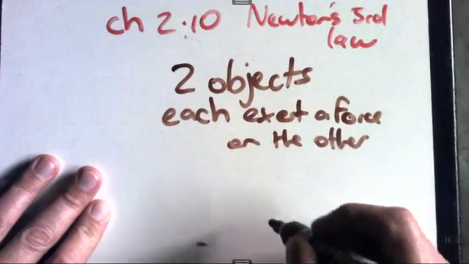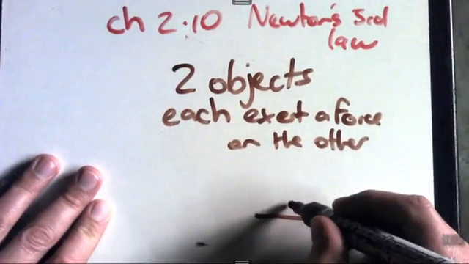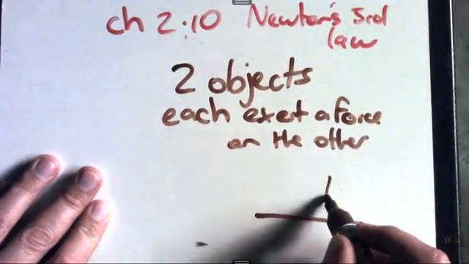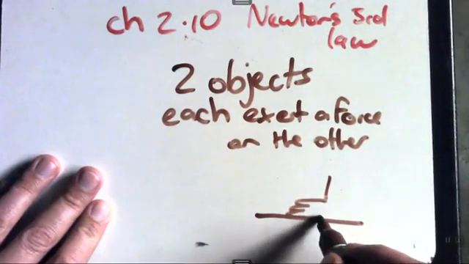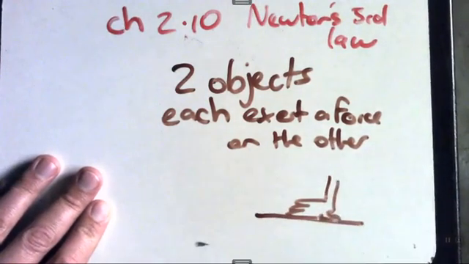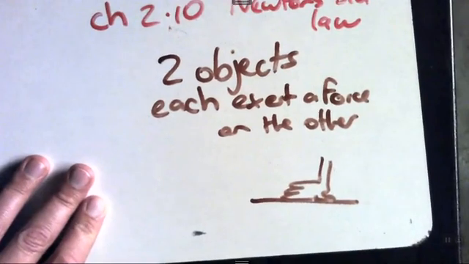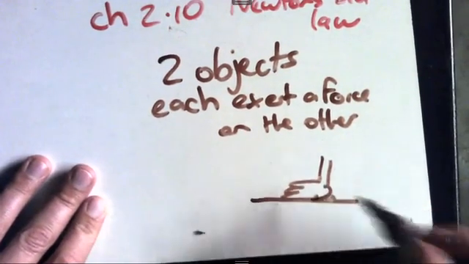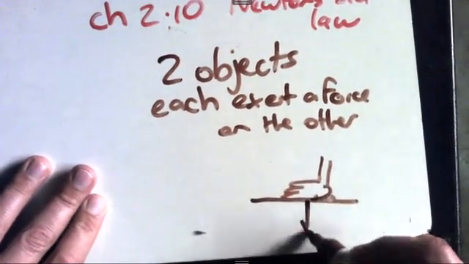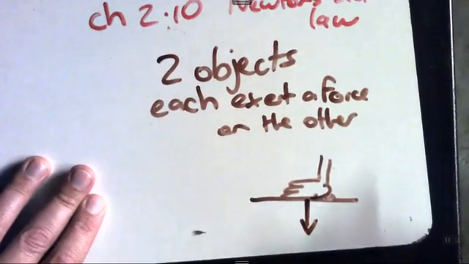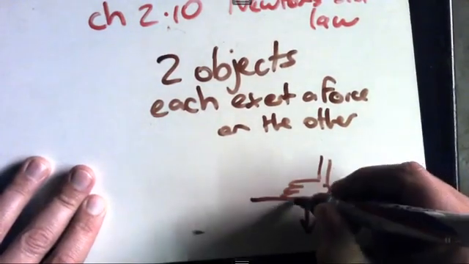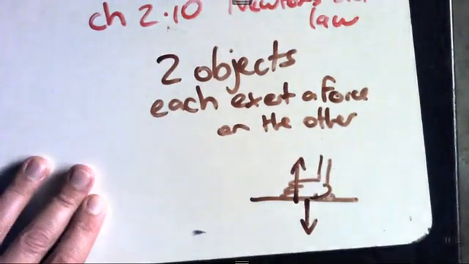So if I put my hand on the table, now I'm a very good artist, so here's my hand. Let's say it's my foot, I can't draw a nice hand. If I push down with my foot on the ground, the ground needs to push up with a similar force.